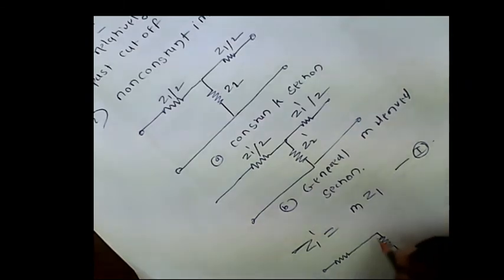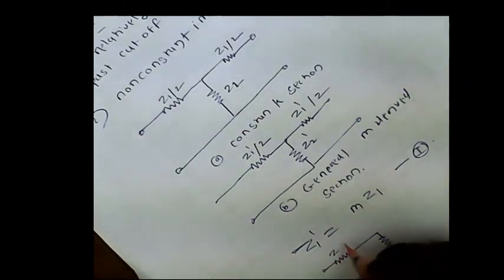So we can put the value m equal to Z1 by 2 from equation 1 in the general M derived section.